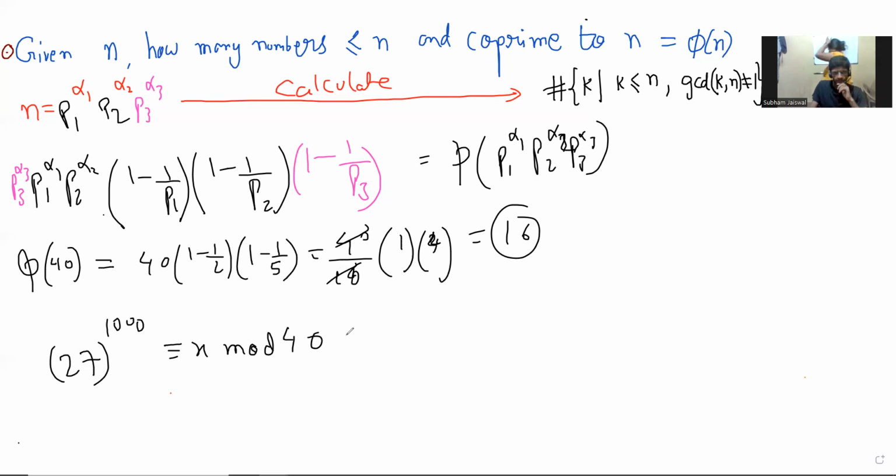So you want to find the x. Okay, so why do you think it is 1?